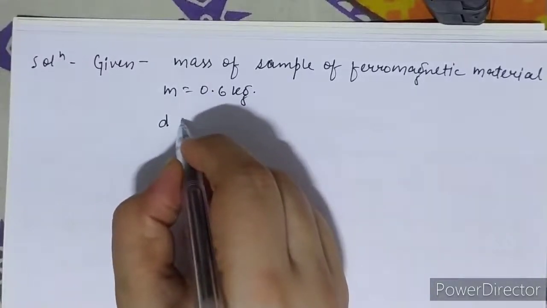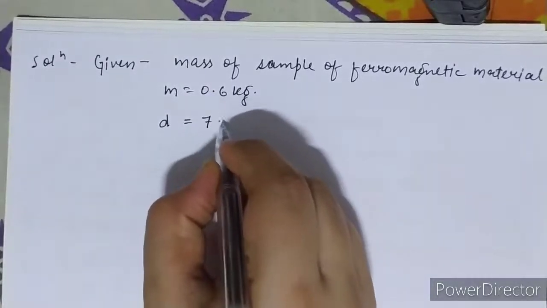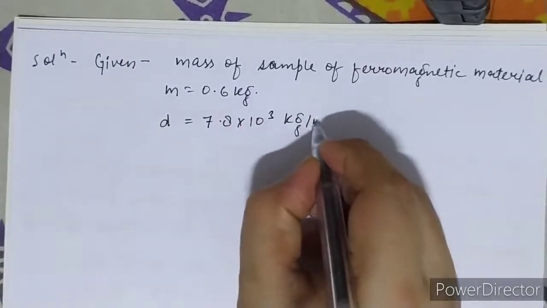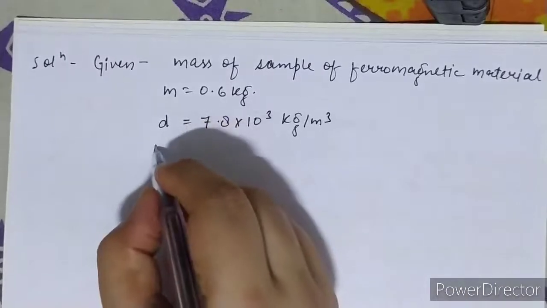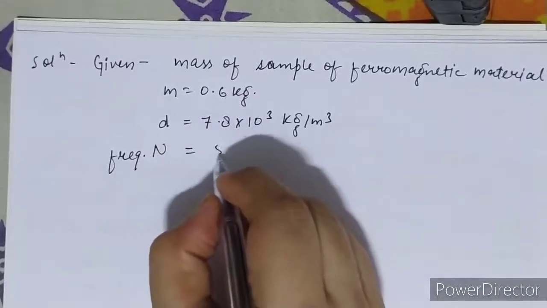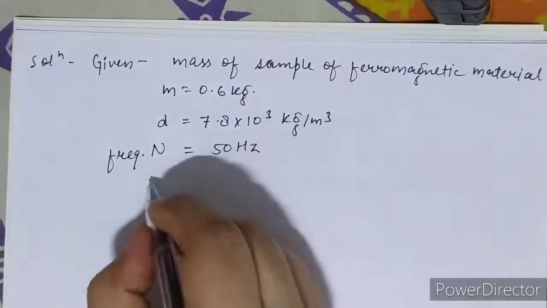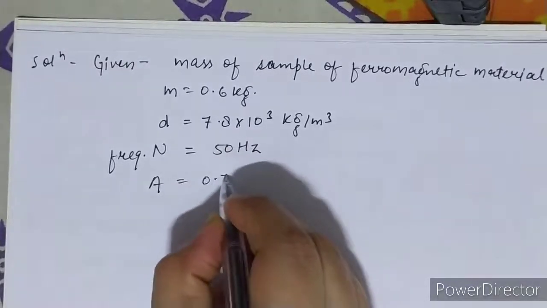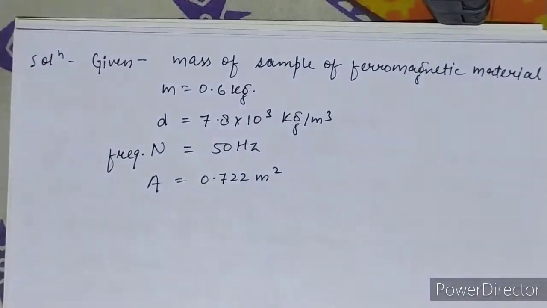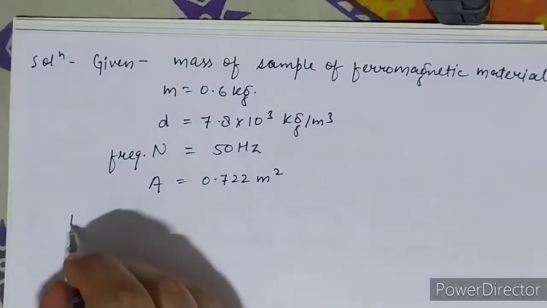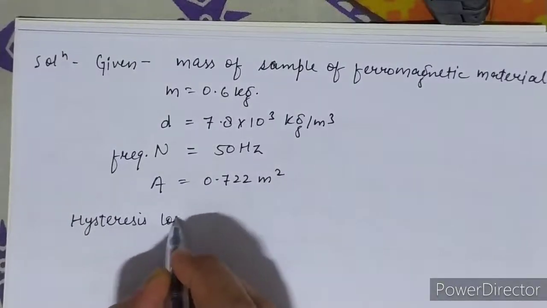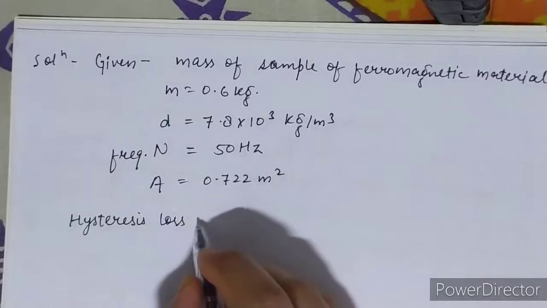Density D is 7.8 into 10 to the power 3 kg per meter cube. Frequency n is 50 Hz and the area is 0.722 meters square. Now you have to calculate the hysteresis loss per second.